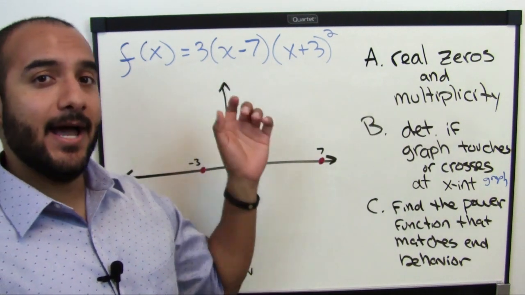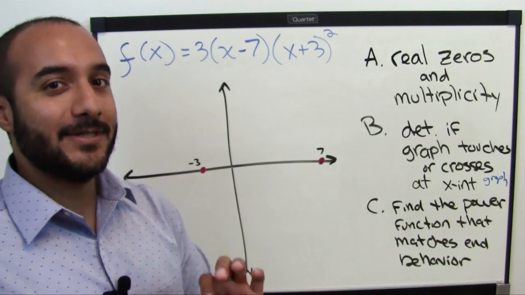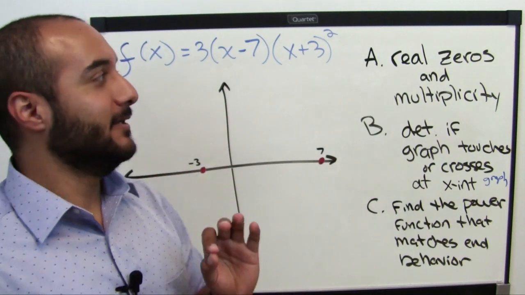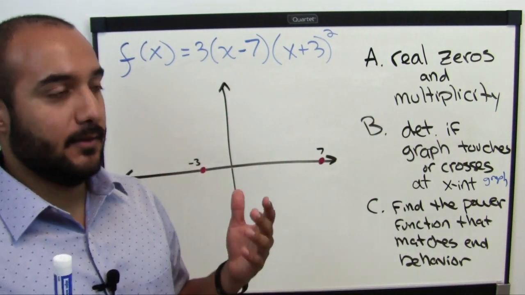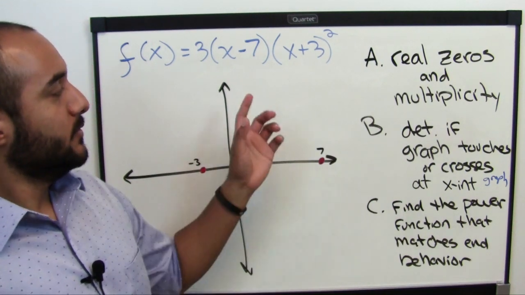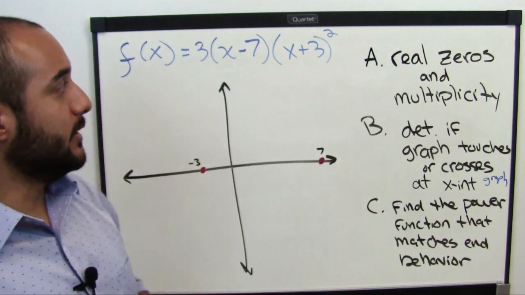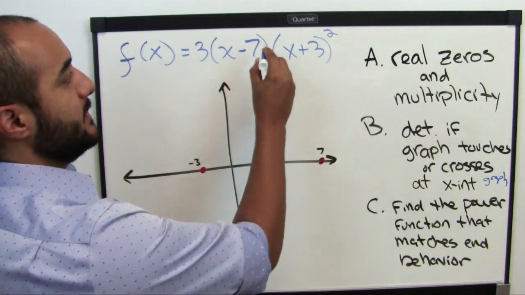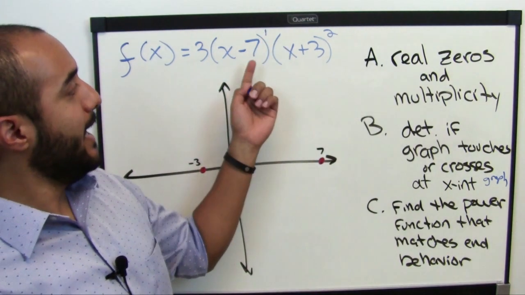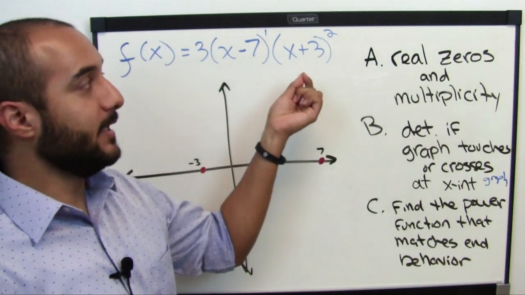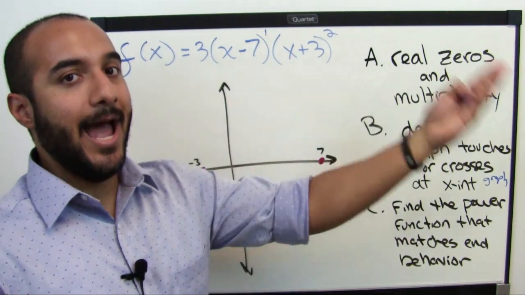In this case, I have an odd degree polynomial. Remember that there is a 1 right here, and if I'm multiplying, then I need to add the exponents.